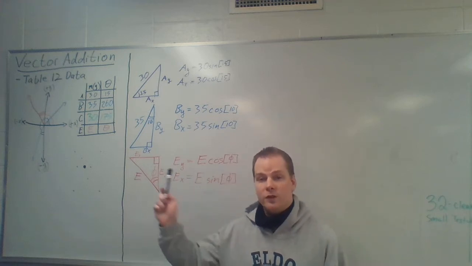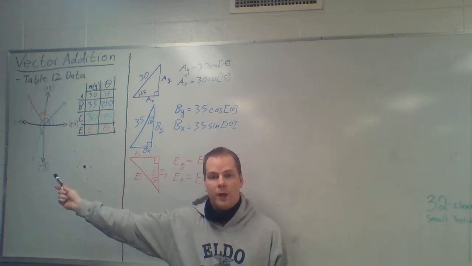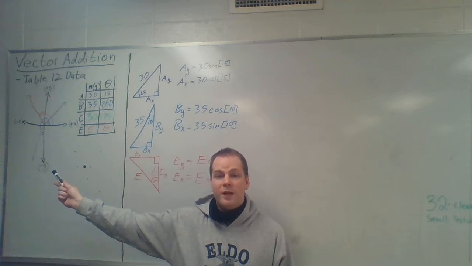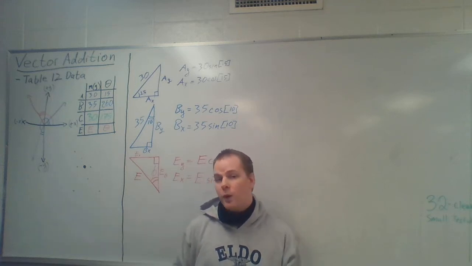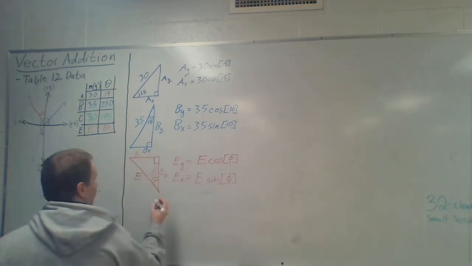So to do that, we just go back to our graph, where we measure relative to the origin. So the origin is going to be our known angle in each.